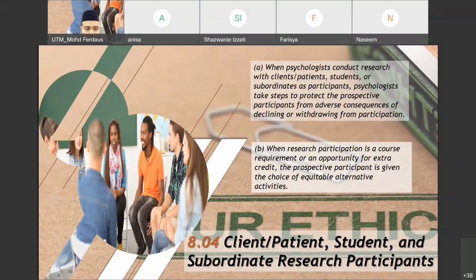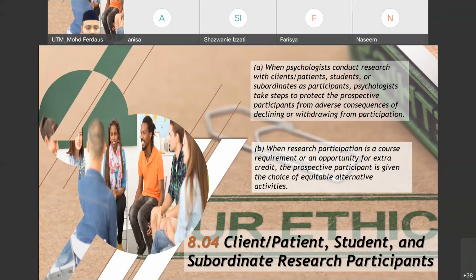In other words, if you are a teacher and your students participate in your research and then want to withdraw in the middle of the research because they don't feel comfortable, you have to accept that, and you have to make sure that there are no consequences. You need to be fair and just in evaluating your student.